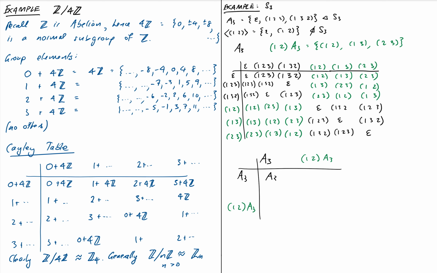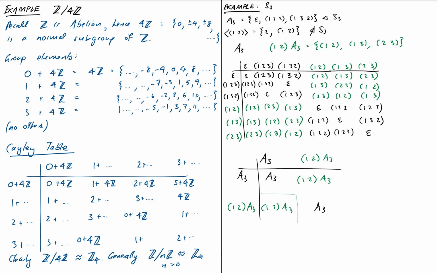So A3 here, A3 here, and then I get (1 2)A3 here, and (1 2)A3 here. So this part is my coset, (1 2)A3, as is the top right, and then the top left and the bottom right are just A3. So you can see that these are the same kind of picture, and the second one is a representation of the first one if I squint my eyes so that I can't see the details, but I can still see the colors.